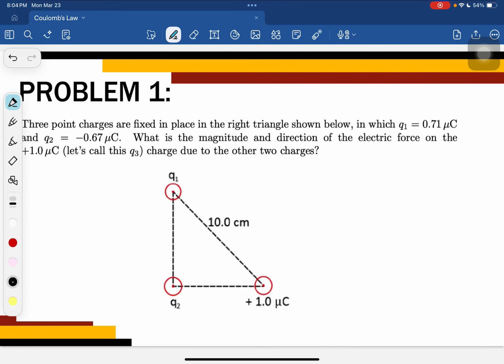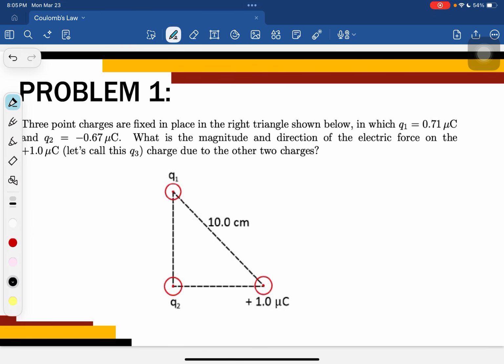Okay, so let's see. It says here 3 point charges are fixed in place in the right triangle shown below, in which Q1 is equal to 0.71 microcoulomb and Q2 is equal to negative 0.67 microcoulomb. What is the magnitude and direction of the electric force on the 1 microcoulomb charge, we can call this Q3, due to the other 2 charges?